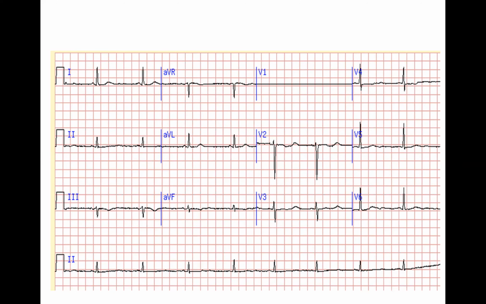In V1, loss of QRS complex, no. Yeah, I'm not seeing more. Looks like sinus brady.